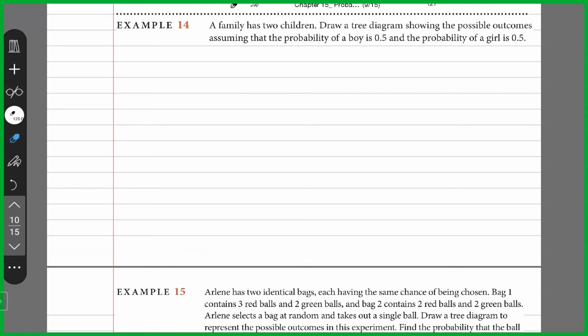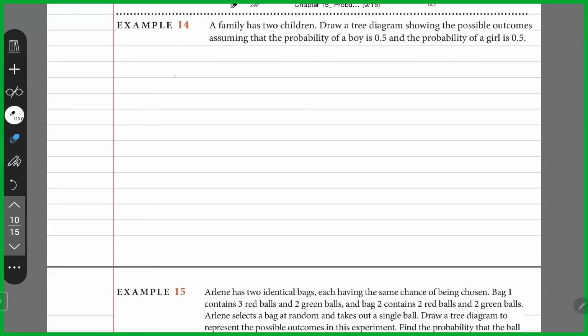We're to draw a tree diagram showing the possible outcome, assuming that the probability of a boy is 0.5 and the probability of a girl is 0.5. All right, so example 14 again. A family has 2 children. We're to draw a tree diagram showing the possible outcome, assuming the probability of a boy is 0.5 and the probability of a girl is 0.5.